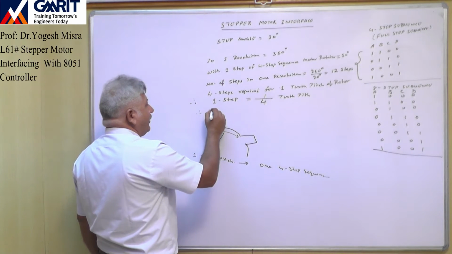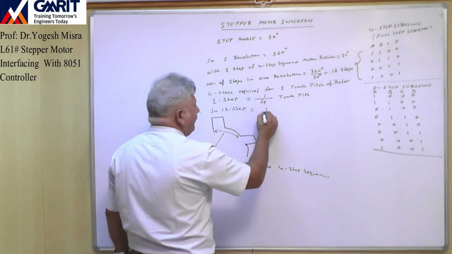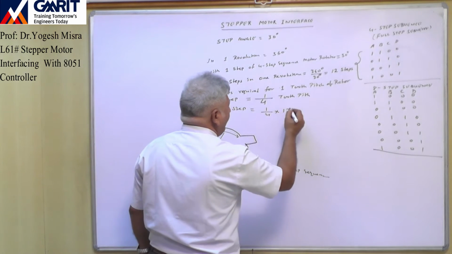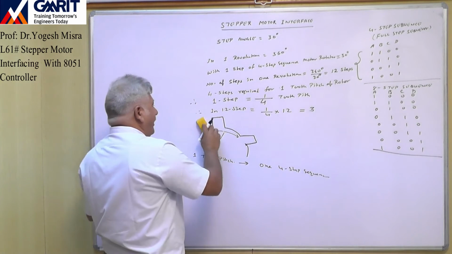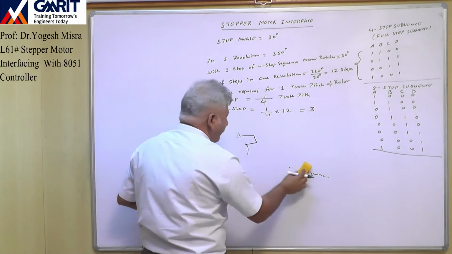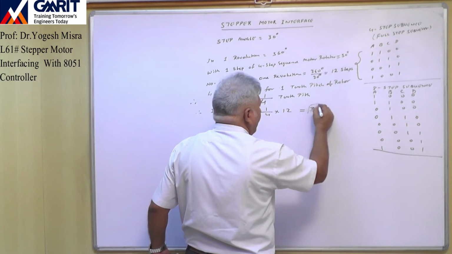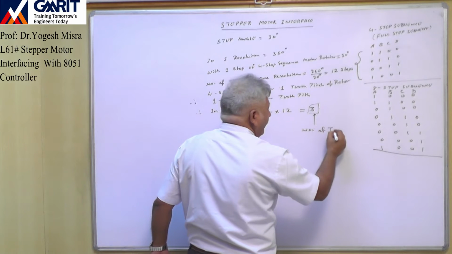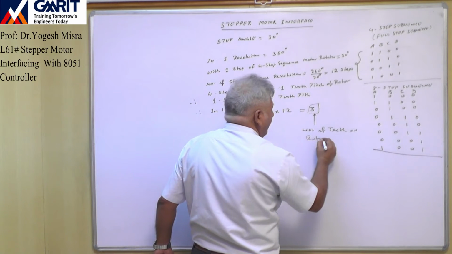Therefore, in 12 steps, 1 by 4 into 12, and this is 3, and this will give you the number of teeth on the rotor.